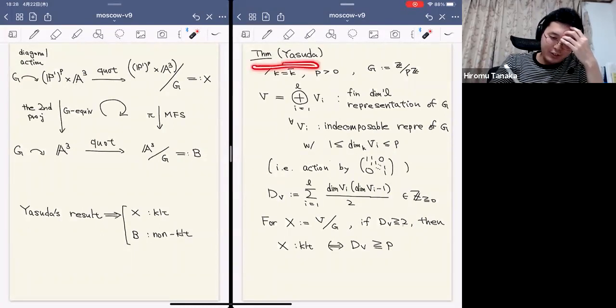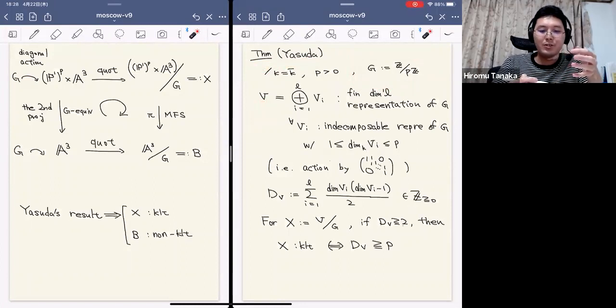The key part is to use this theorem, where G is the same, and we consider an action on a vector space. So we need a linear action. This action should be locally written as an action of G by linear algebra.